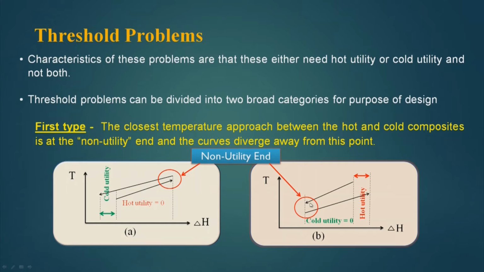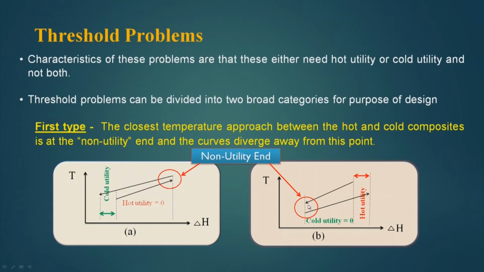Similarly, for this problem, at the cold end the utility is 0. So, this is called the non-utility end, and here there is a requirement for hot utility, because this cold stream is to be heated from this point to this point.